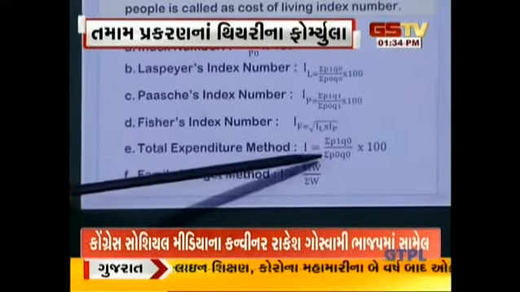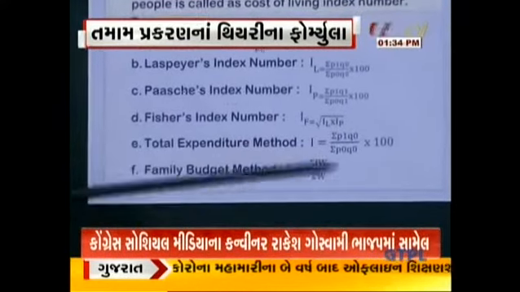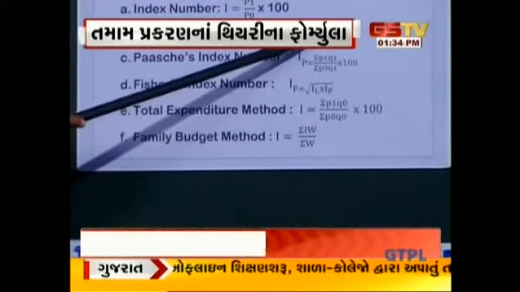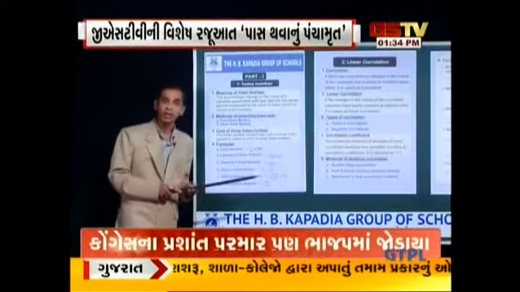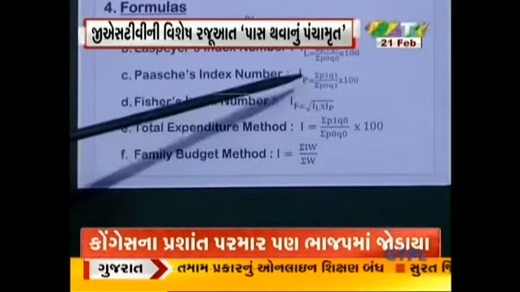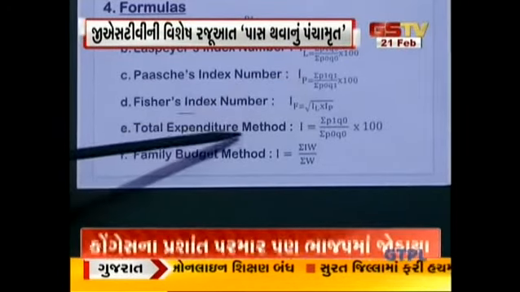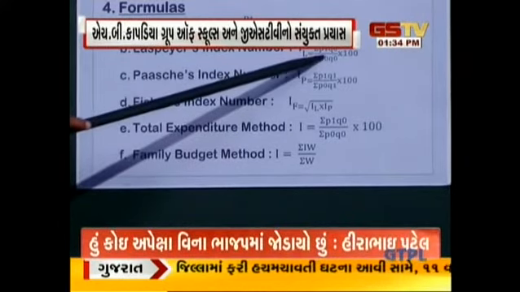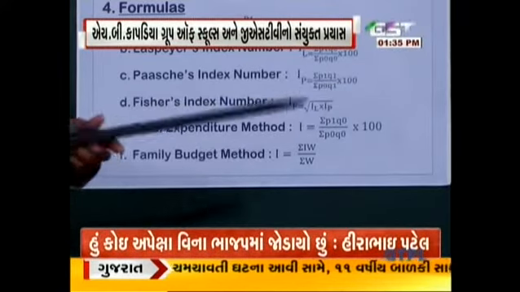Whenever the base year quantity is given, we have to use this formula, which is equal to the formula of IL. And whenever the quantity of the current year is given, we have to use the formula of IP. So in this total expenditure method, we have to apply the formula of either IL or IP.